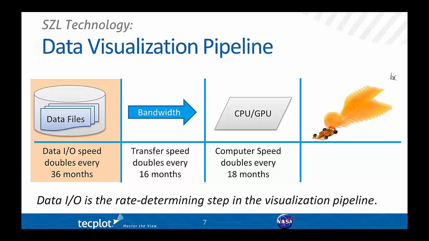The CPU, GPU, the computer speed is doubling with Moore's Law every 18 months, especially if you consider the parallelization. Transfer speed is keeping up with that pretty well, although it tends to come in chunks, 1 gigabit per second to 10 gigabits per second. But the thing that's really falling behind is data I/O speeds, which is doubling every 36 months, according to Kryder's law.